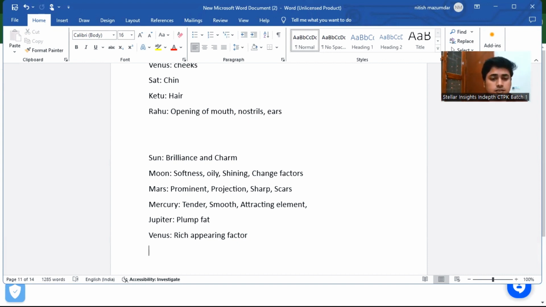Okay. Rich appearing factor. Saturn: dull. That area will be dull, darkened, you can say. Darkened marks, making a weak look.